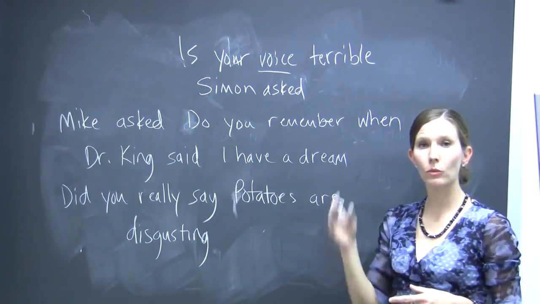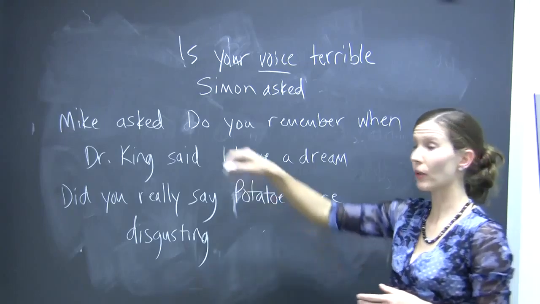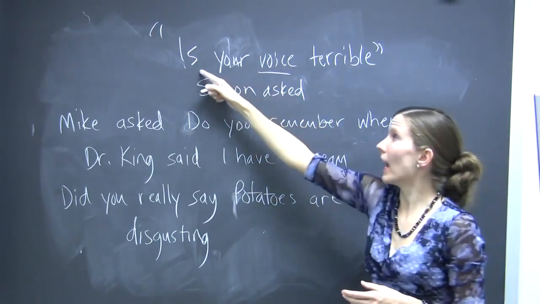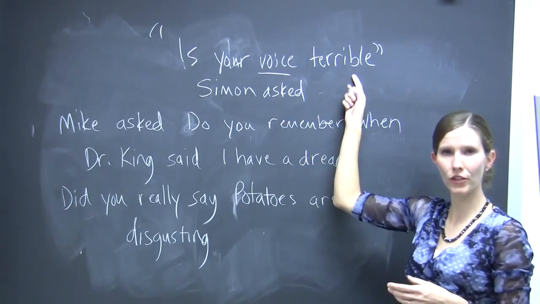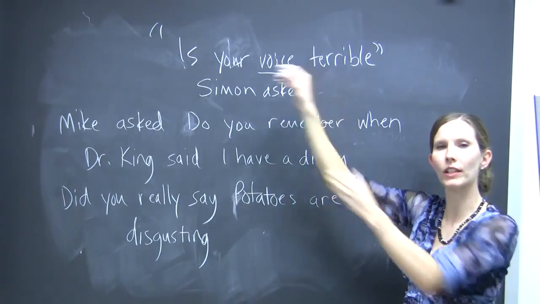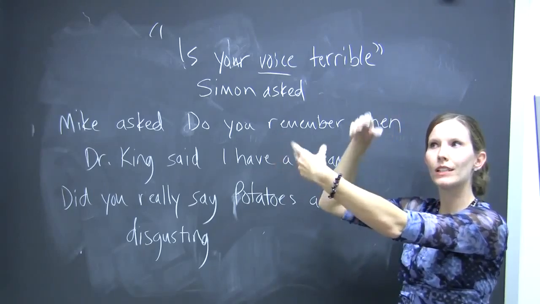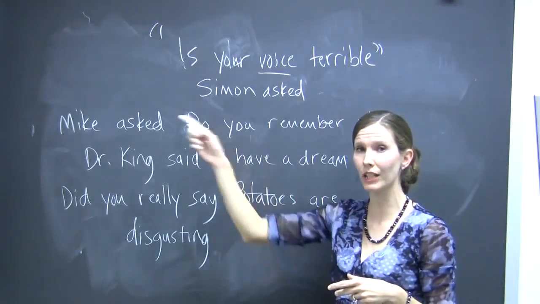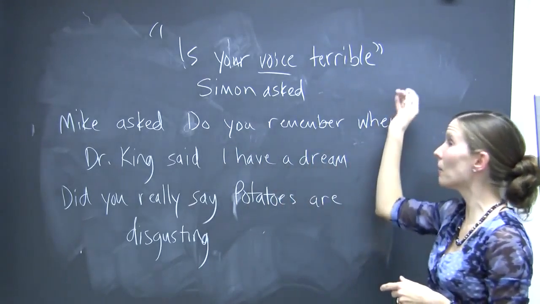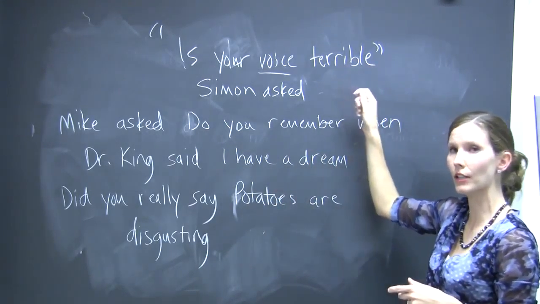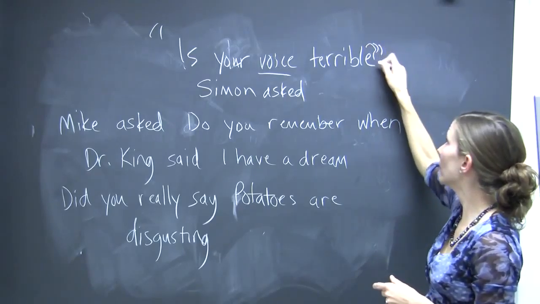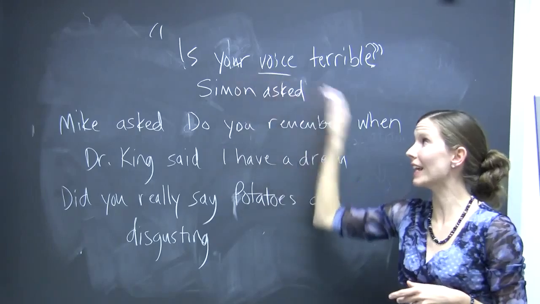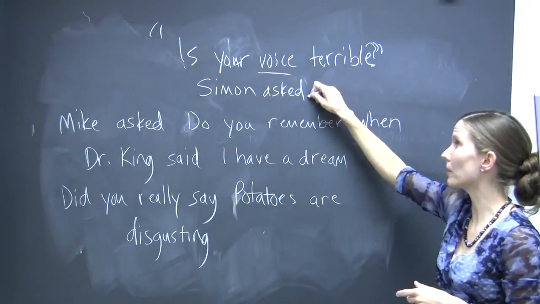Again, I would surround what the character said with quotation marks, so I would put them in front of his first word, after his last word. Now, what he is saying is a question. I need to indicate to my reader that this dialogue, or those spoken words, are a question by putting a question mark at the end of his sentence. Punctuation always goes inside the quotation marks, so the question mark would go right there. I still need to punctuate the end of my sentence with a period.